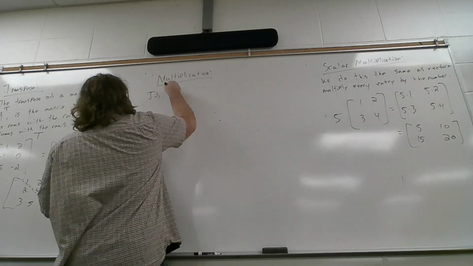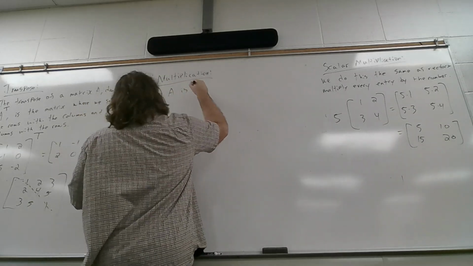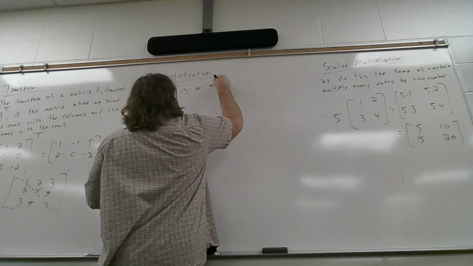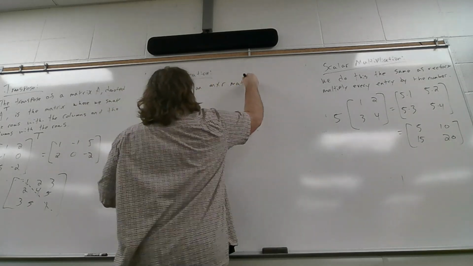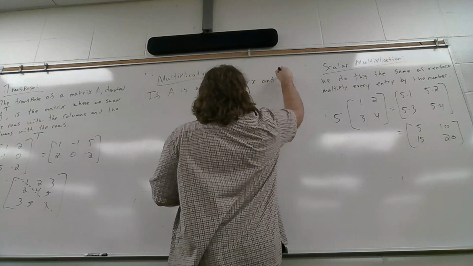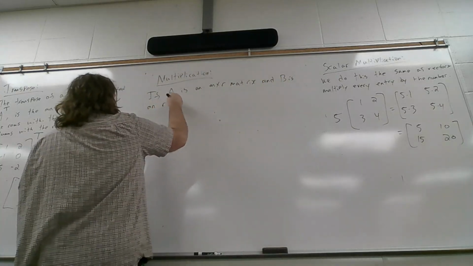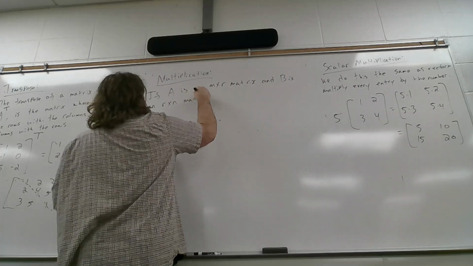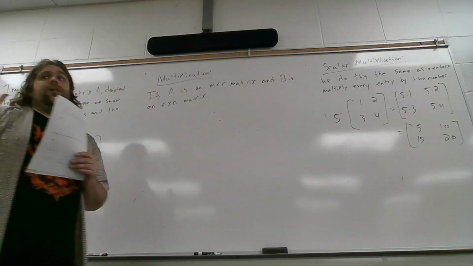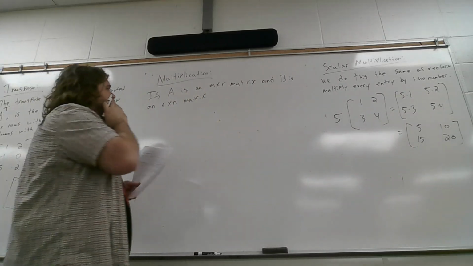So if A is an M by R matrix and B is an R by N matrix, so they do have different sizes, but just like with the other ones, we will have a size restriction. They do need to match up in a certain way.